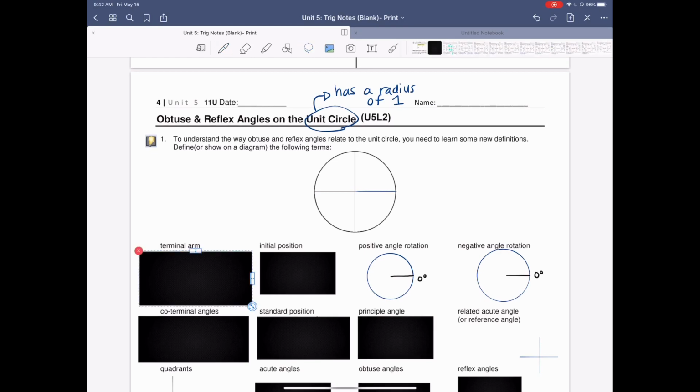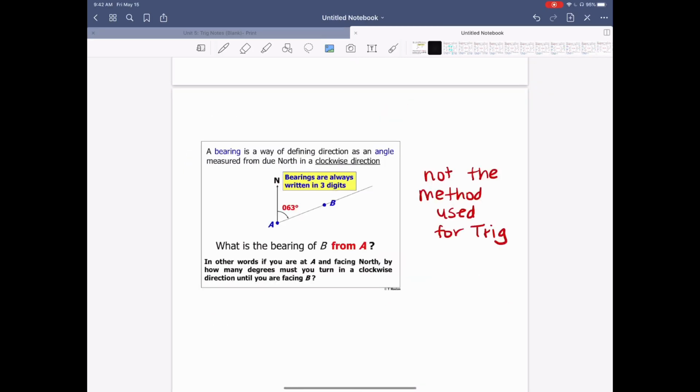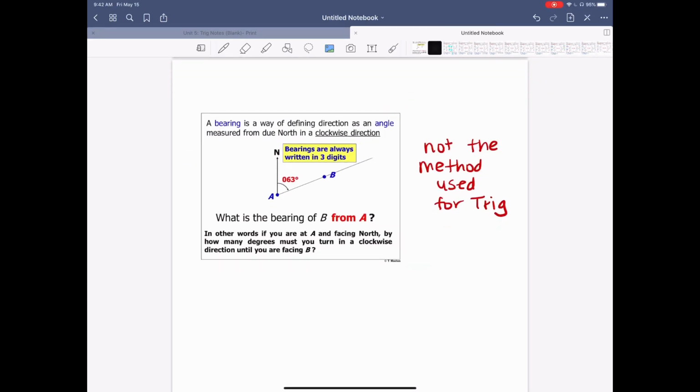The first definition we have is the terminal arm. The terminal arm is the arm that rotates around the circle attached to the origin. Let's back up a bit, and you need to understand how to read this unit circle. If you were just looking at a coordinate plane, you might be familiar with identifying north, east, south, west, and from your prior knowledge you would go clockwise.